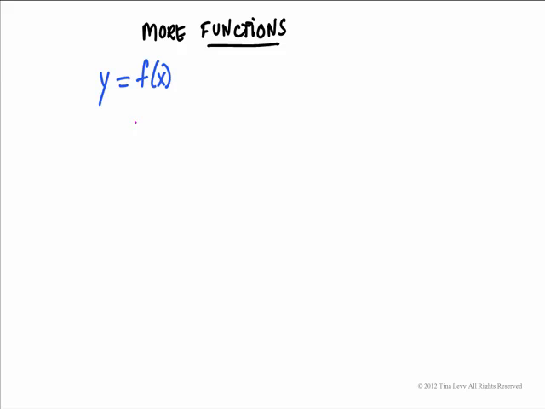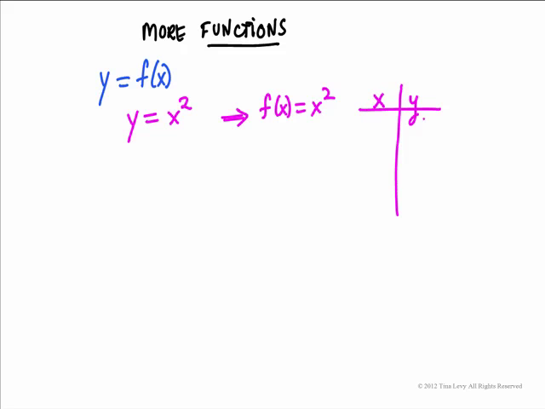So as an example, if I said y equals x squared, another way I can write that is to say f of x equals x squared. And we know from this that we have a table of values. We have x, which are our values that we input, and y is what we get out as a numeric value.